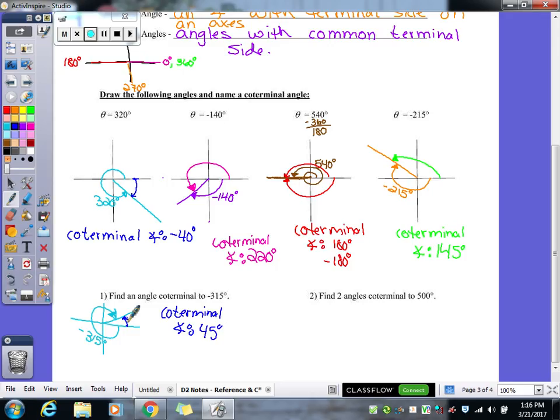So in the other one there, find two angles coterminal to 500. So let's first subtract 360. Let's see where we actually end up. So 500 minus 360, what do we get? 140. So we are in quadrant 2.